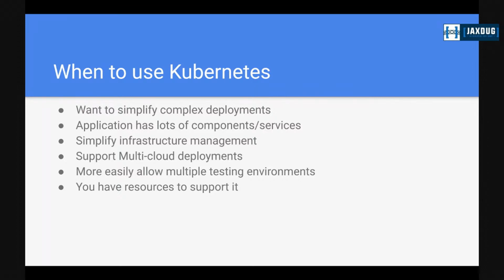But the most important thing is you need to make sure you have resources to support it. When Kubernetes first came out, it was really hard to get up and running. Really hard. And until there were some projects, like one called kops, which stands for Kubernetes Operations, that made it easier to install Kubernetes into AWS.